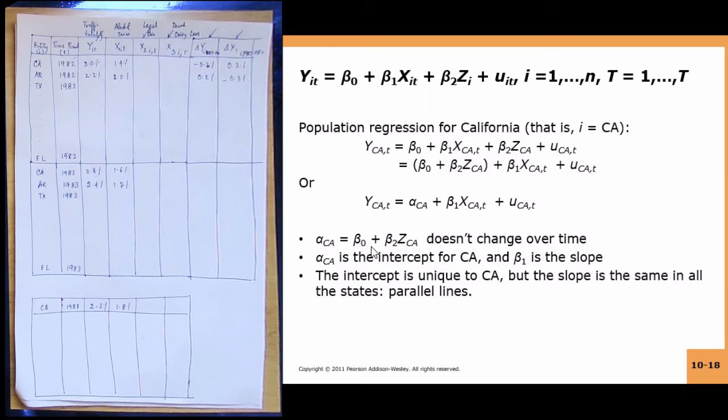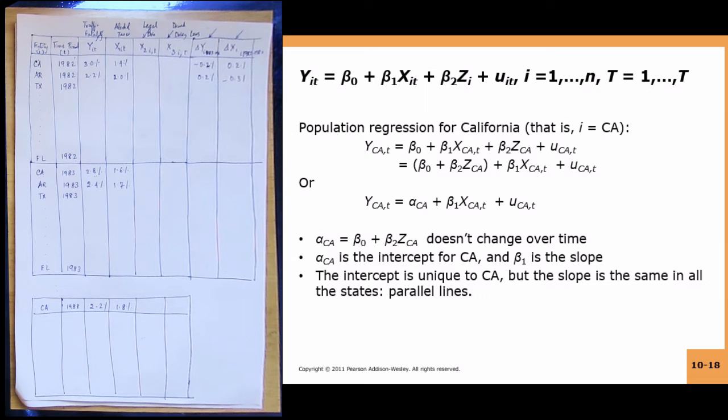AlphaCA, beta 0 plus beta 2 zCA, doesn't change over time. And now this zCA can include within it all the aspects about California which do not change over time. For instance, the weather of California, the fact that California is on the western side of the US, the fact that California's GSDP is higher compared to some other states.